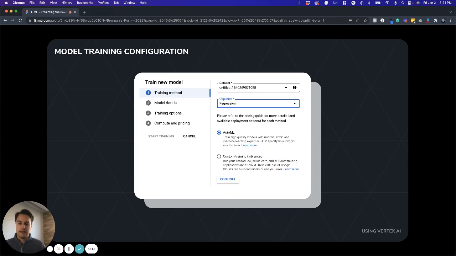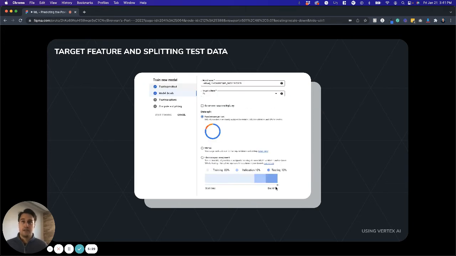So I went into Vertex and selected the model and started configuring the training options. Once I had my training set up, it was time to select the target output that I wanted to predict. And since we said before, the net hourly electrical energy output is what we're trying to predict, I chose PE as our target column.